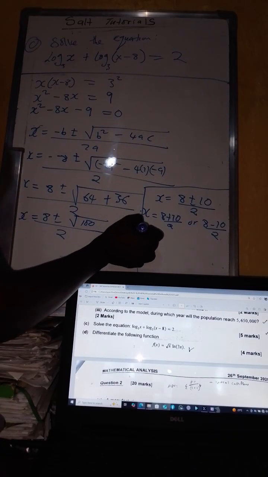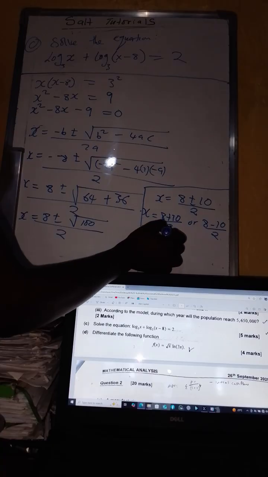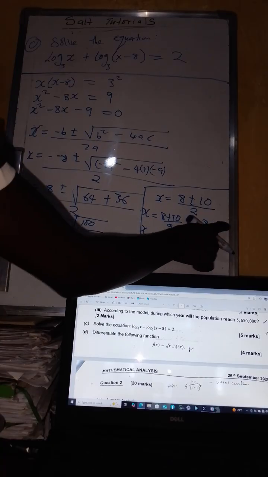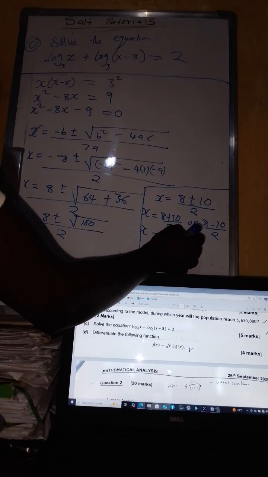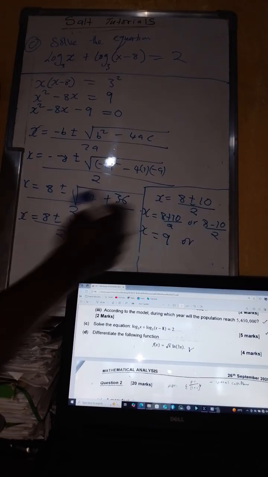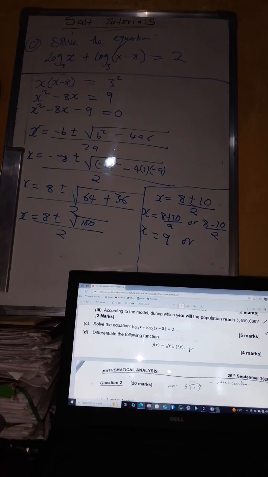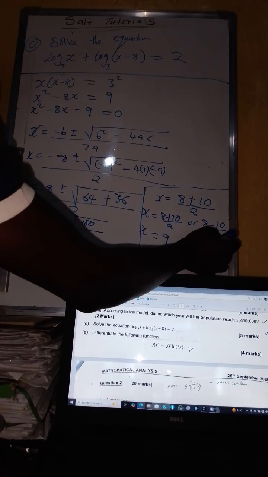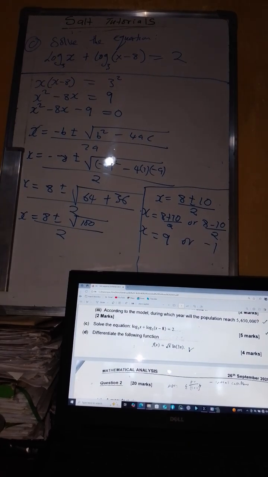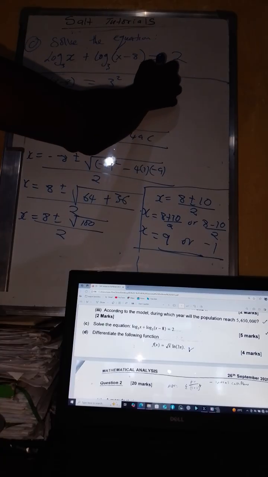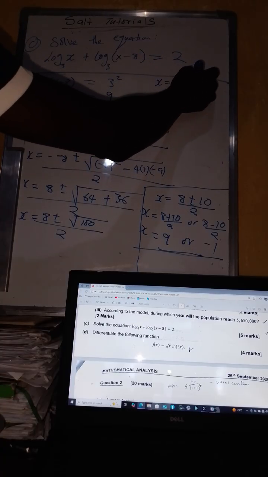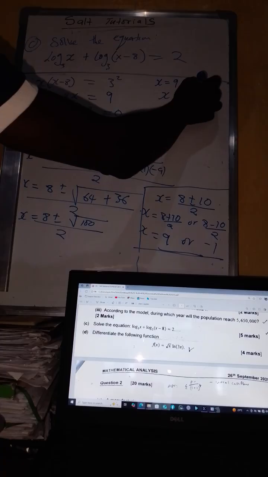So x is 18 divided by 2, that's 9. 8 minus 10 is negative 2, over 2, that's negative 1. So these are the values of x. We are simply saying x is equal to 9 or x is equal to negative 1. These are the two possible values of x.